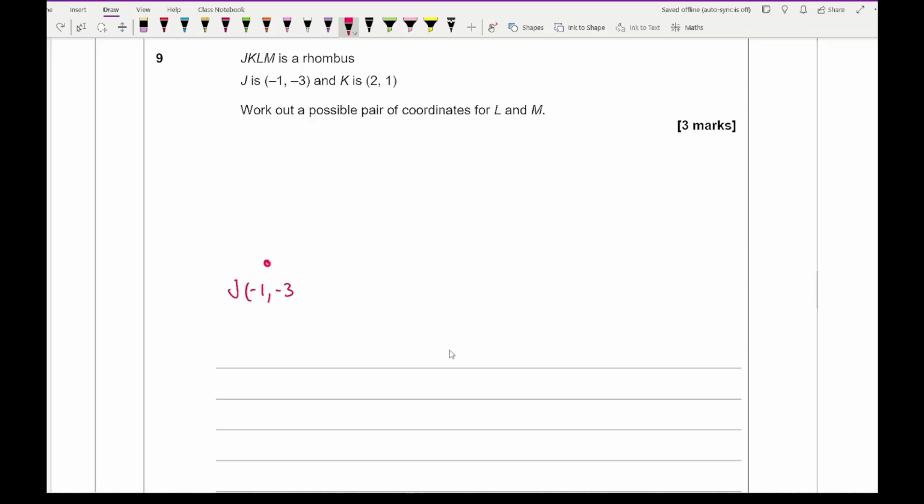Looking at the scale, if I just do a set of axes there, then K is going to be somewhere here, at 2, 1. So if I mark these here, that's -1, this is 2, this is 1, and this is -3.